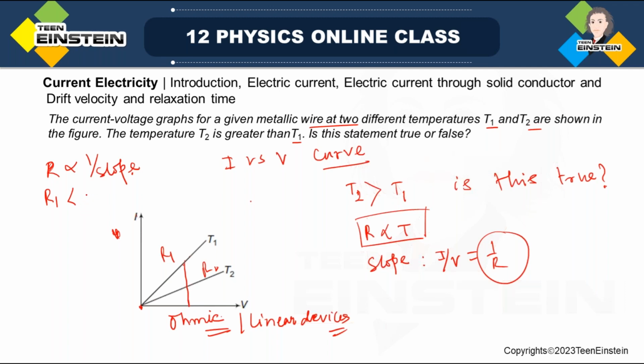So R1 is less than R2. We have seen R is directly proportional to T, so T1 will be less than T2.